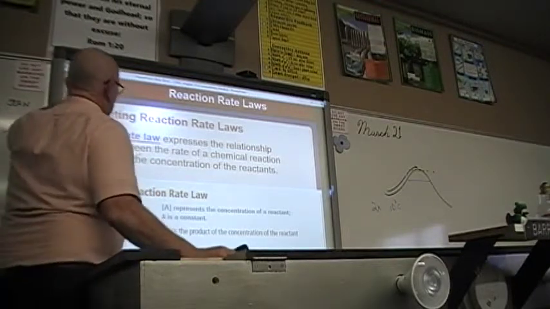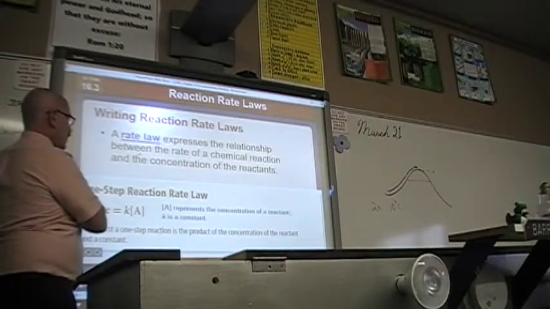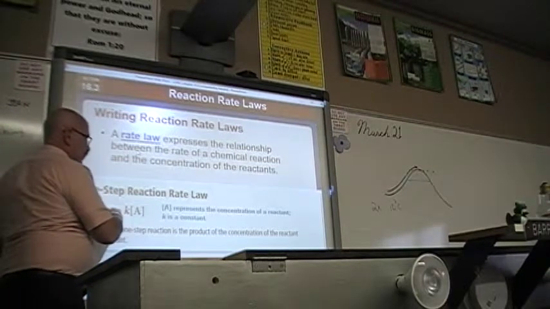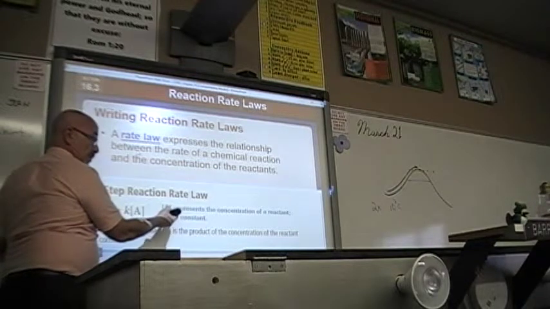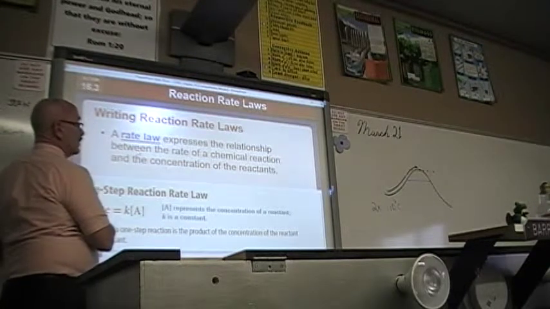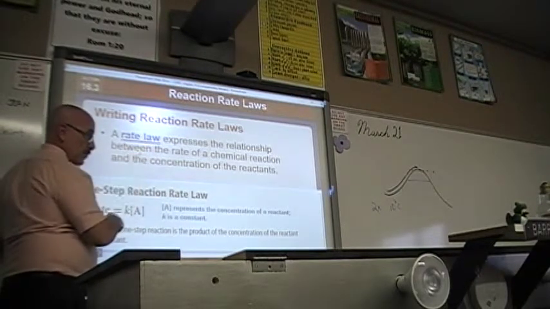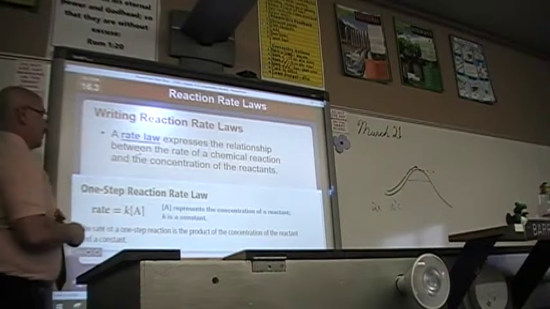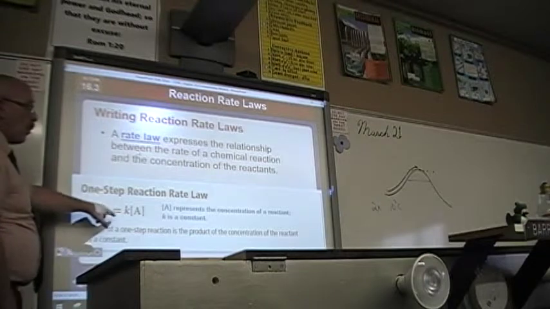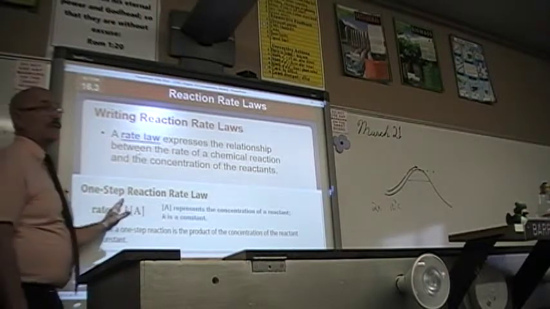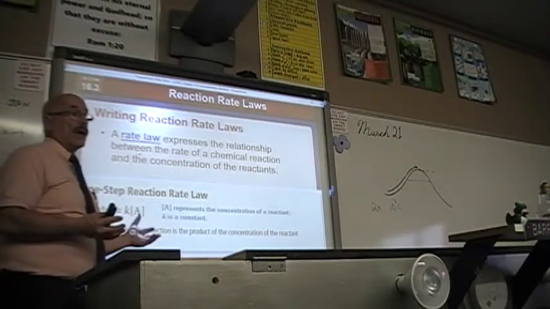Okay, next, rate law. This is what you need to know. Rate is equal to a constant times the concentration of a reactant. Now this is going to get more complicated from this point forward. This is the simplest form of the rate law. Rate is proportional to a constant, and it's going to be different for every chemical reaction.